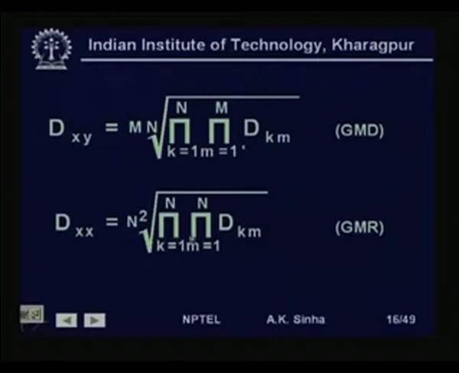So, this is what we call as GMR, or the geometric mean radius for the conductor x, and GMD is the geometric mean distance between the two conductors x and y.